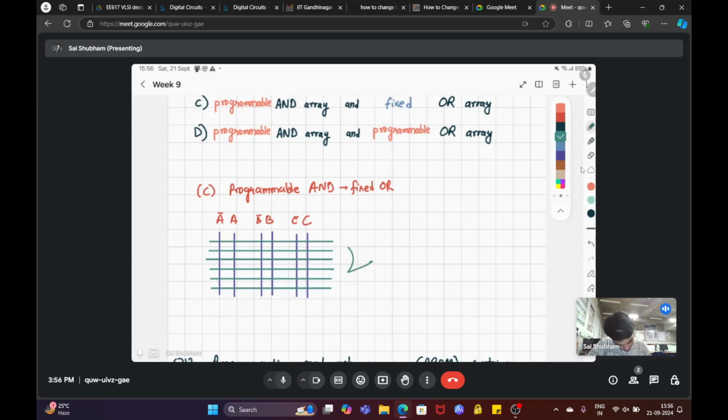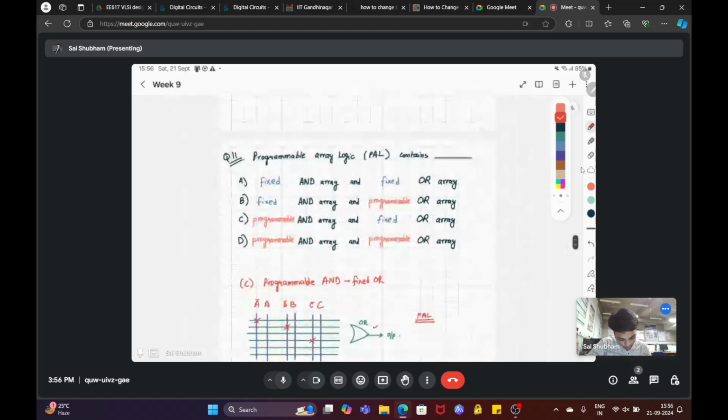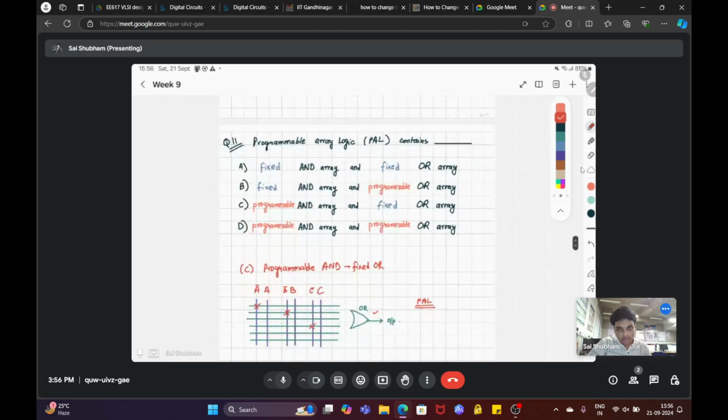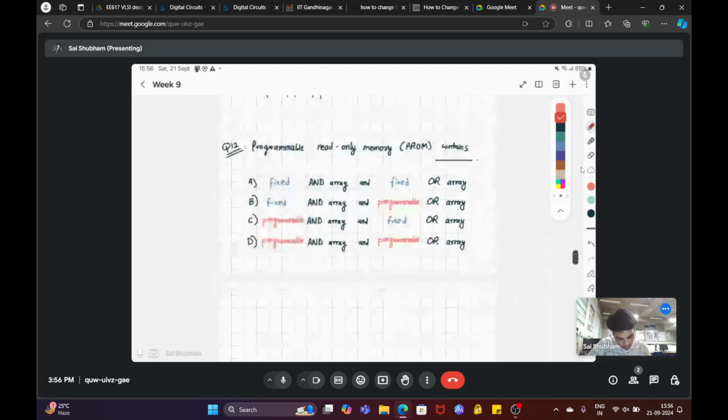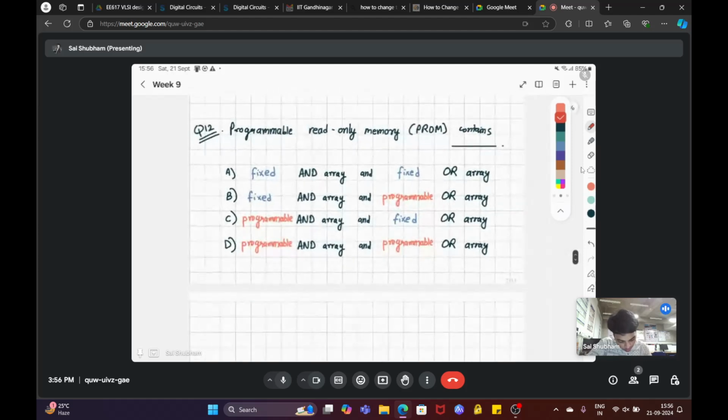So this will pass through an OR gate. This will be your output. Okay. So in whatever location you want to make a connection, you will establish the connection like this. Okay. So those connections will pass through the OR gate. So this is your PLA logic. Fine. The next question is, programmable read-only memory contains.